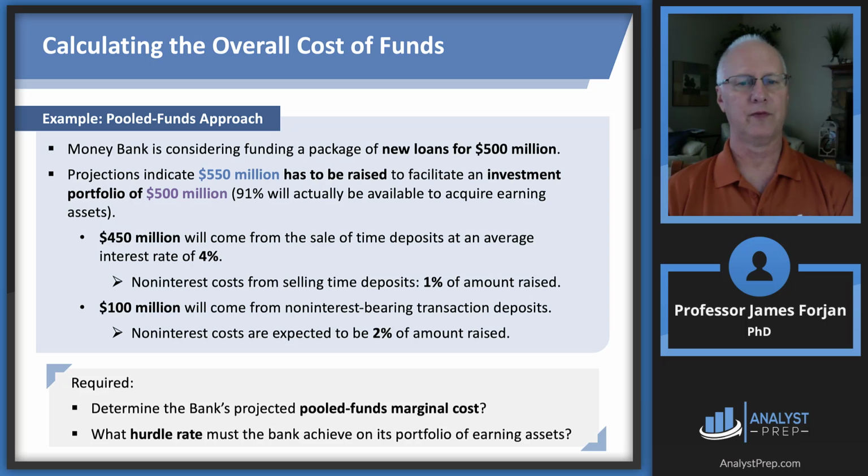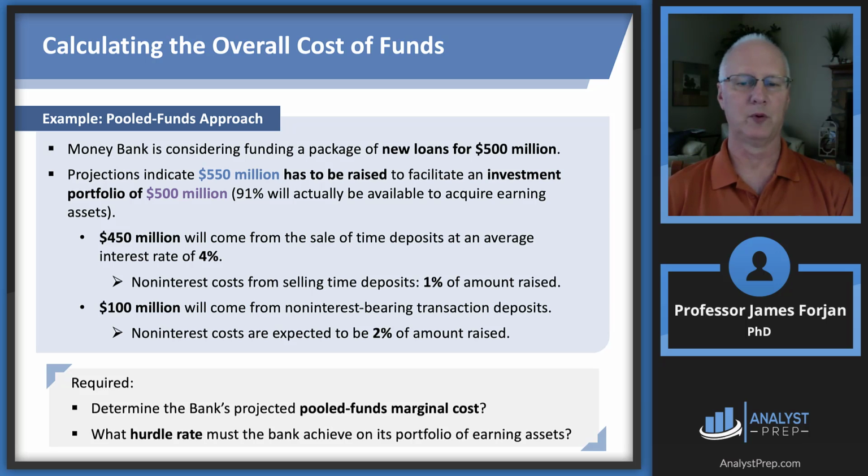All right, so 450 is 4%, plus add another 1% there for non-interest costs. 100 million will be non-interest bearing transaction deposits, and so add some 2% there. So we'll do the same thing that we just did before, but we've got to couch this in a little bit of a different framework.